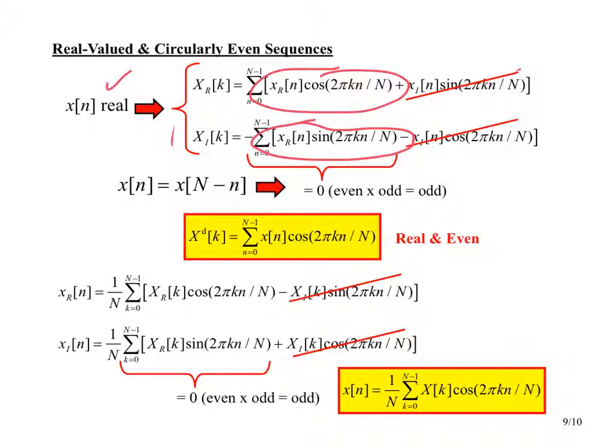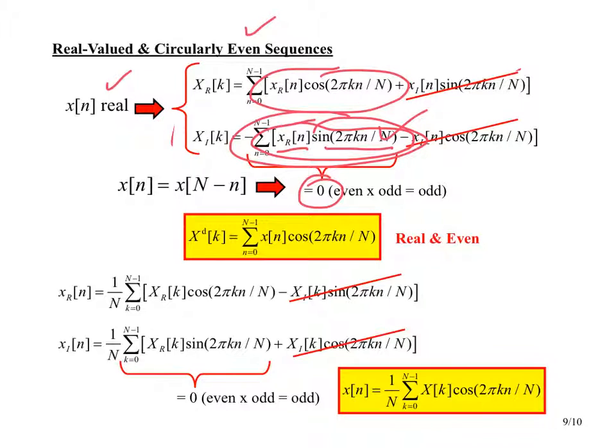And what we see in the second of those is that sine is a circularly odd function, and x_r we are assuming is circularly even. And we know that an even times an odd equals an odd, and then summing up an odd gives us 0.